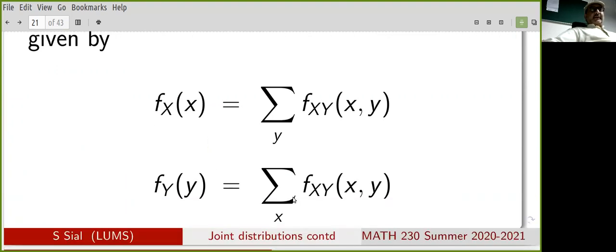If I'm given the joint PMF for both x and y, and I only want the PMF for y, I can sum over all the allowed values of x, and then what I will be left with is the PMF just for y.